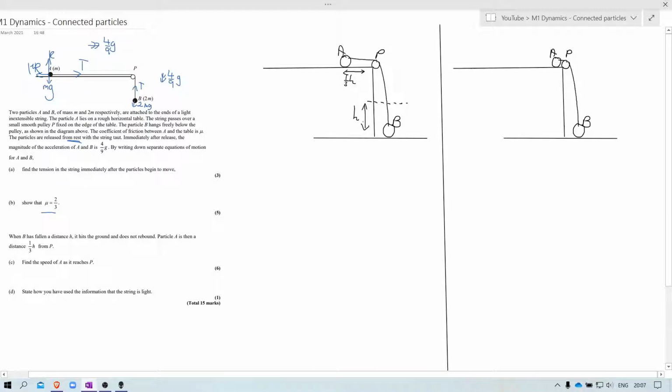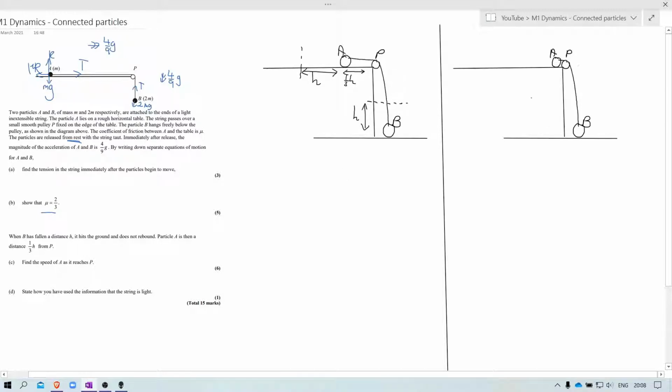So you think about that for a second. The fact that B has fallen h meters down to hit the ground, if A starts here, then what's the distance from the starting point to A? Yes, it is again h meters because they're connected by a string. So if B travels down h meters, that means A will travel to the right h meters too.